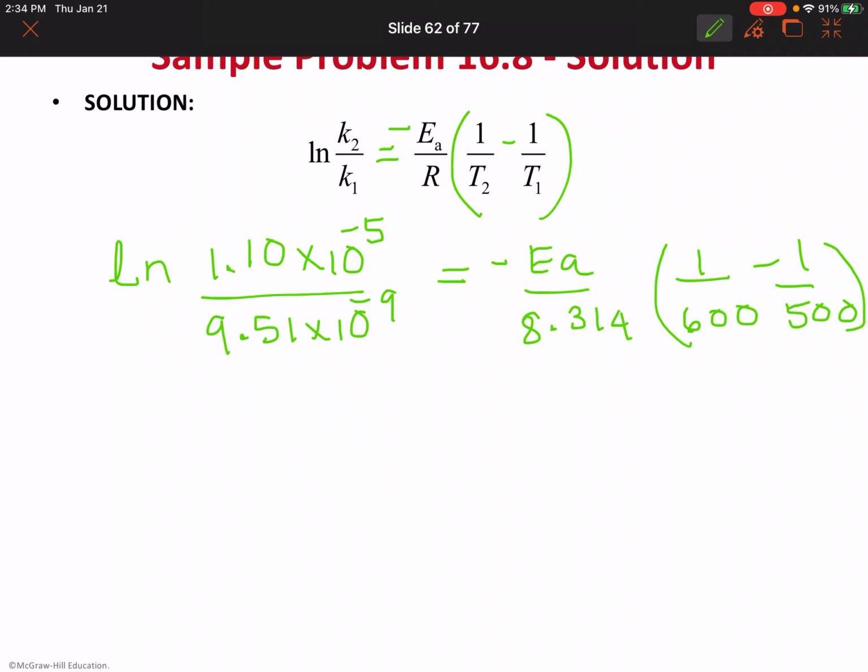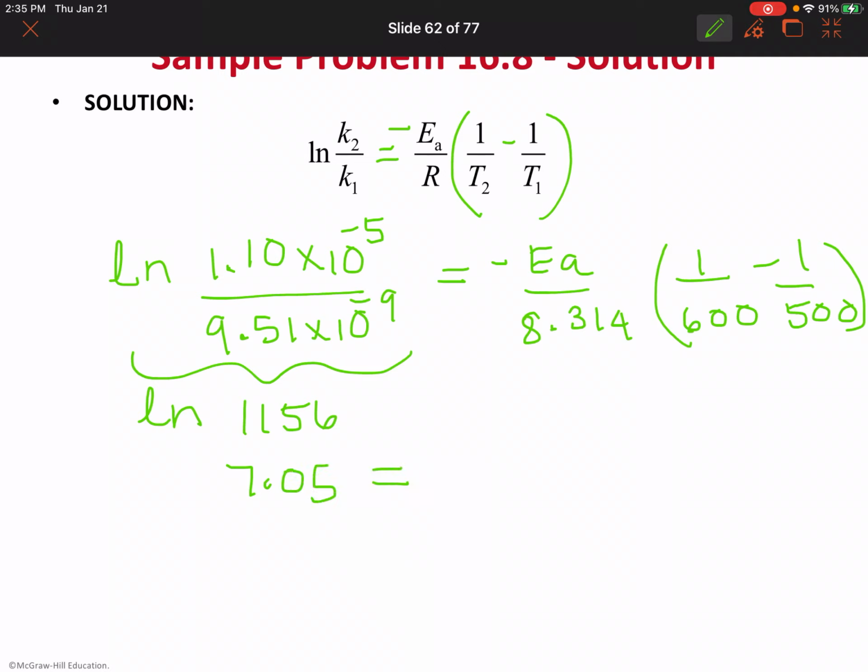And then you guys do the calculation too while I'm doing it. ln 1156. Okay, good. So from this side you will get ln 1156, which would be 7.05.